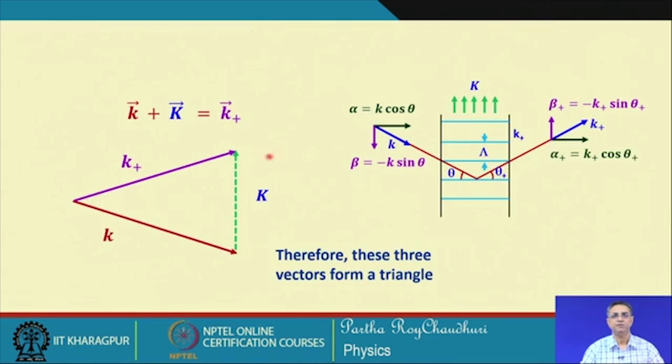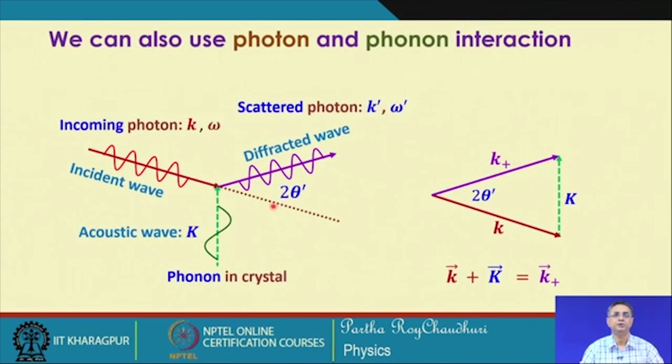Now, the same thing we can look at from a different point of view, that is basically the same, the phonon and photon interaction. You have an incoming photon which is hitting this acoustic wave, and this acoustic wave has a propagation vector K. The incoming photon has a propagation vector k, omega is the frequency, and the scattered photon will have k dash and omega dash.